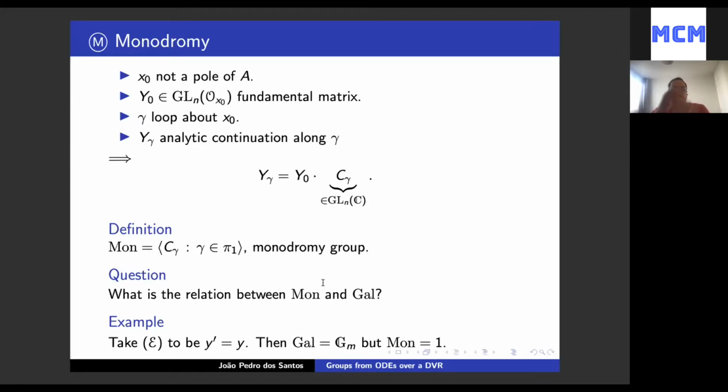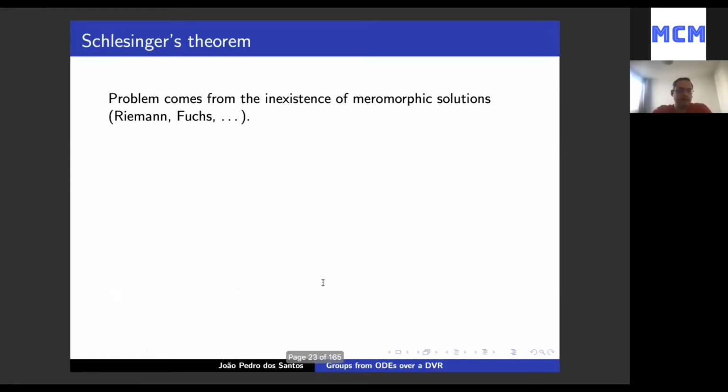So this is just a problem between analysis and algebra. In Galois theory you're doing algebra; in the other one you're doing analysis, and the two conflict. But people knew already that this difficulty between analytic and algebraic properties came from the inability to solve things locally by Laurent series, by meromorphic functions.